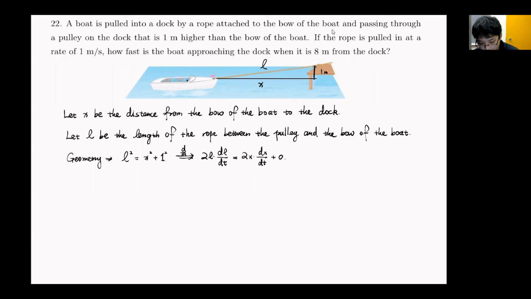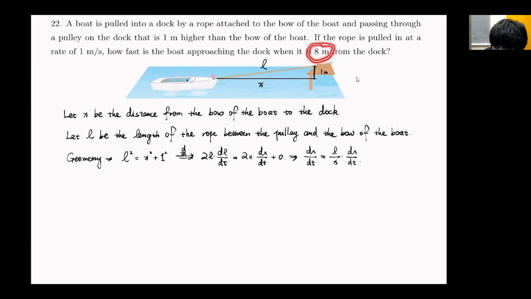All right, so then you cancel out the 2, and then you will be able to see that dx over dt equals L divided by x times dL over dt. Okay, so this is the relation between the rates, and now let's look at what we are interested in.